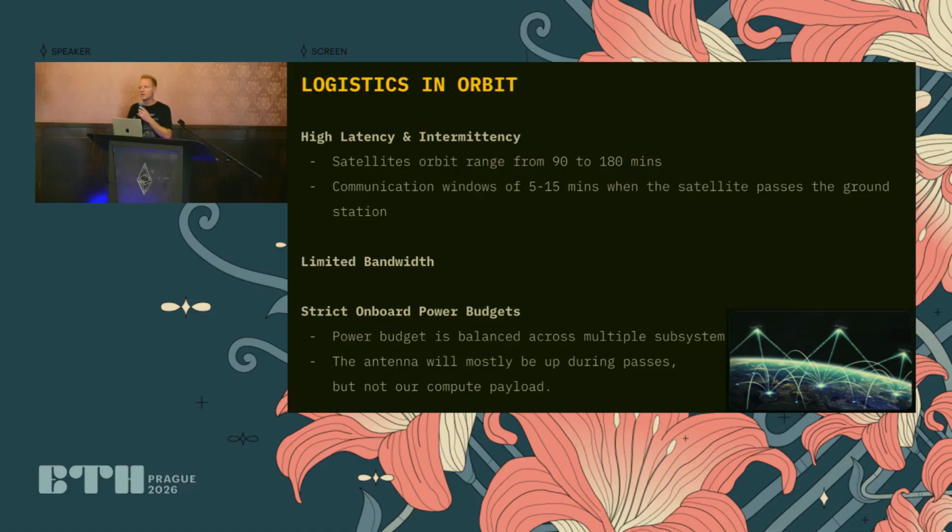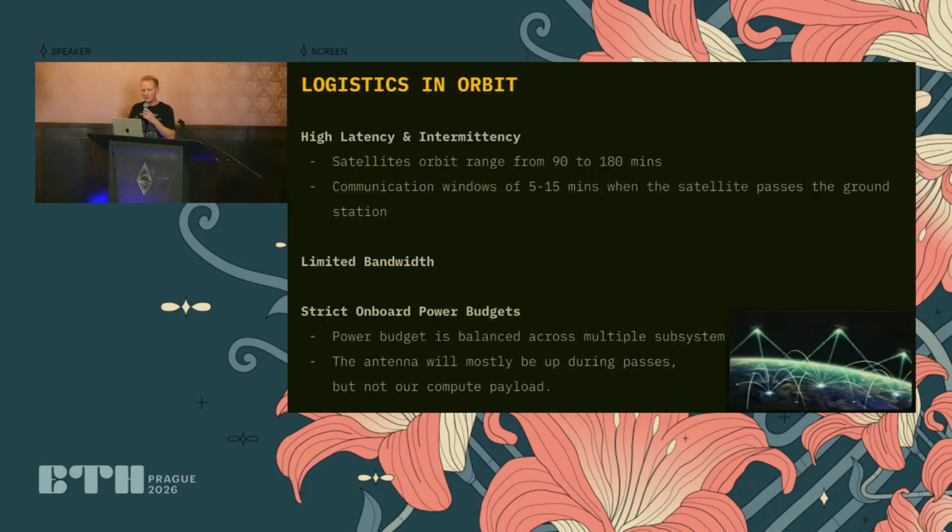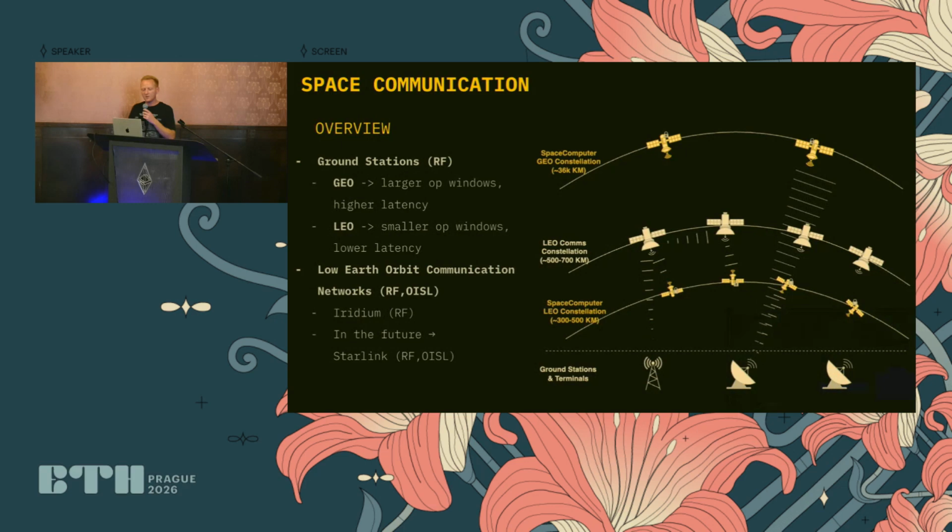You are limited in the amount of power you can have, so you're not always on. Sometimes you need to manage blackouts and things like that. So these are the things to resolve, but let's see a bit more.